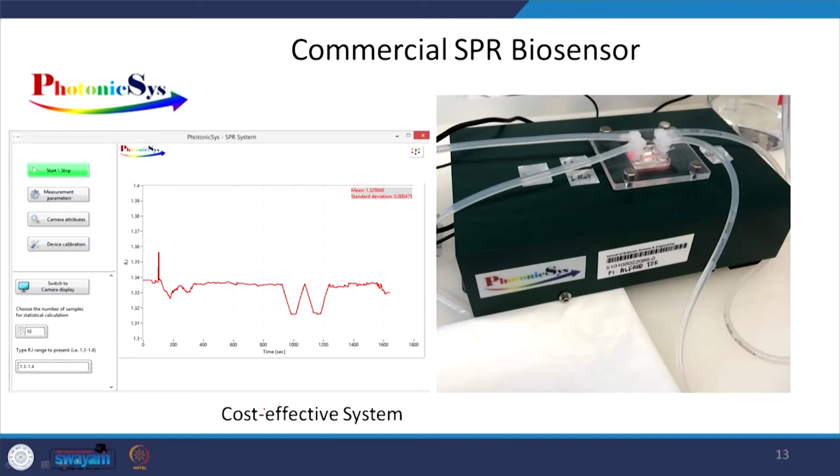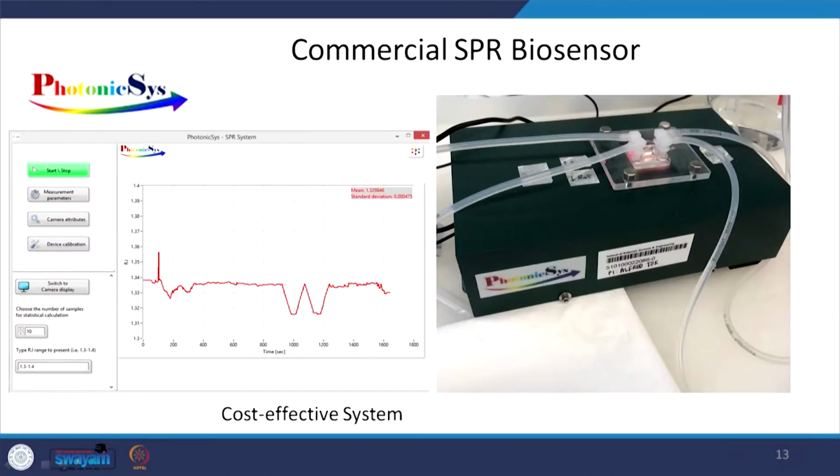And this one is a very cost effective system. It was developed by Professor Abdulhalim in Israel. You can see here that it is very small and handy, and it has flow cells here. So, you can still use it to monitor the flow of analytes in real time. Here again it is with time, and it measures the refractive index up to the 8th decimal place.